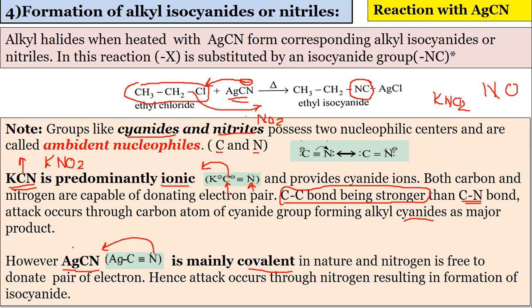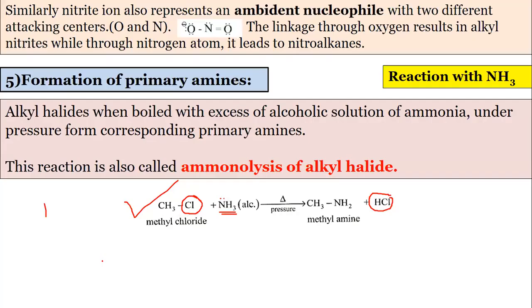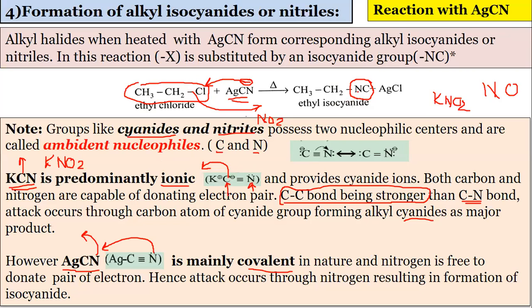Same for AgCN. When AgCN is used, the attack takes place through nitrogen. So we get the isocyanide here, where isocyanide is the product. And same for AgNO2, the attack takes place with NO2.